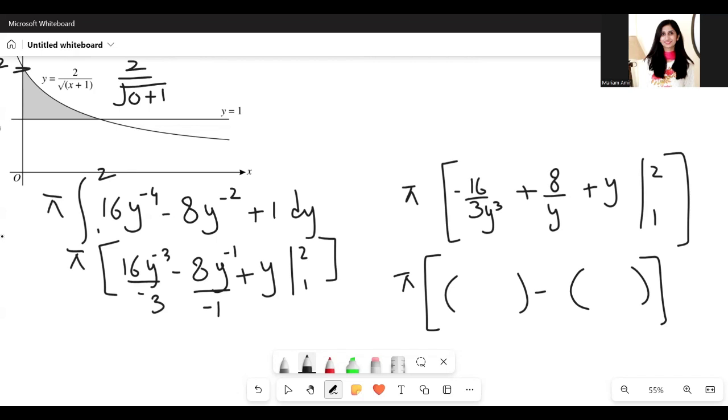When you substitute 2, you should get 16 by 3. And when you substitute 1, you should get 11 by 3. And the final answer after subtracting these two fractions would be 5 by 3 pi.